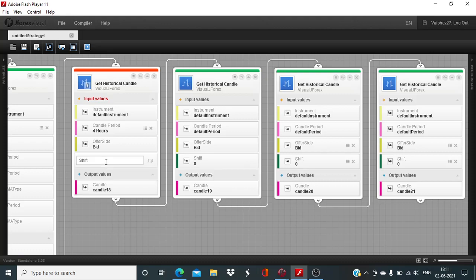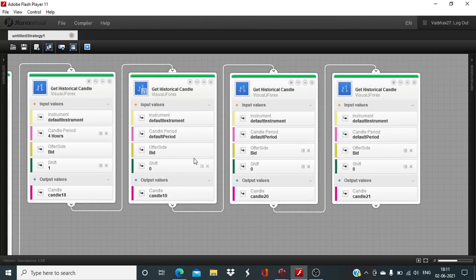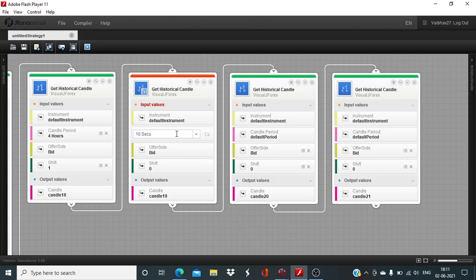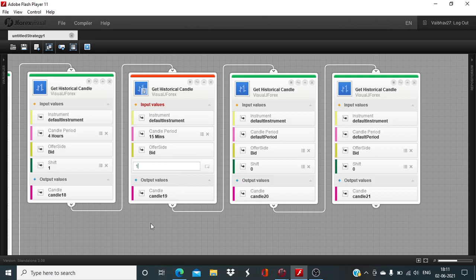Value of 1, as we will be looking at the price action data over last 4 hours. This will be changed to 15 minutes. Value of 1.